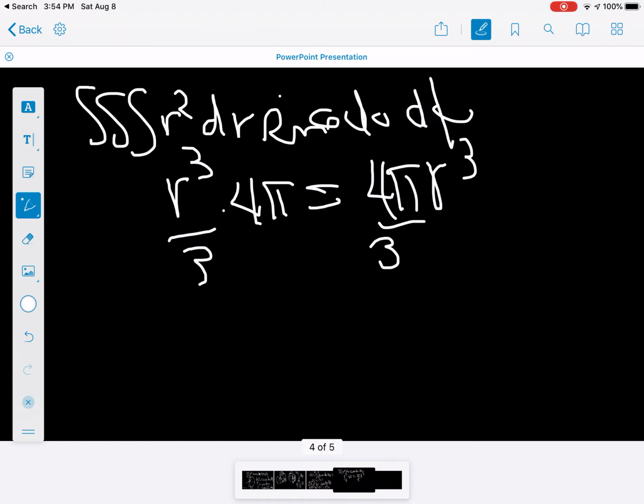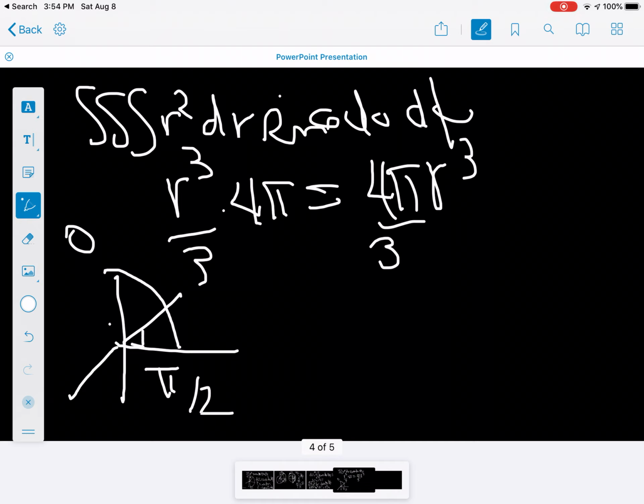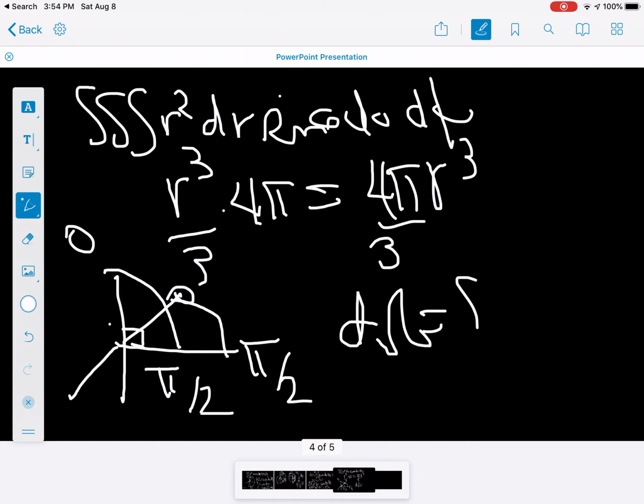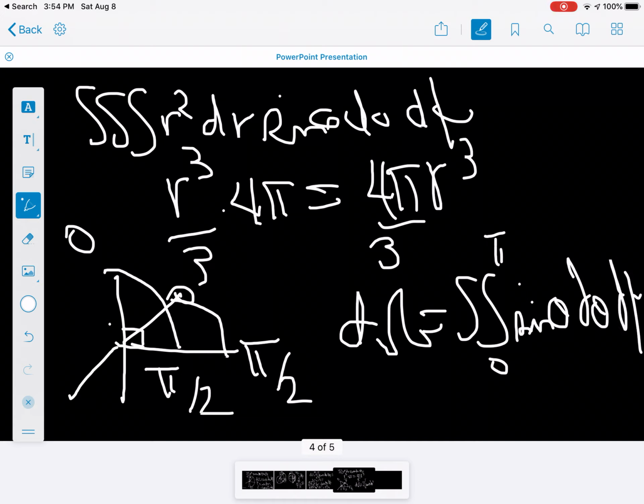Let's suppose instead of a sphere, you just have a portion in one quadrant. What does that mean? It means theta goes from 0 to pi by 2, because now it's at 90 degrees, and phi goes from 0 to 90 degrees, which is also pi by 2. So the solid angle part is the double integral of sine of theta d phi, both going from 0 to pi by 2.